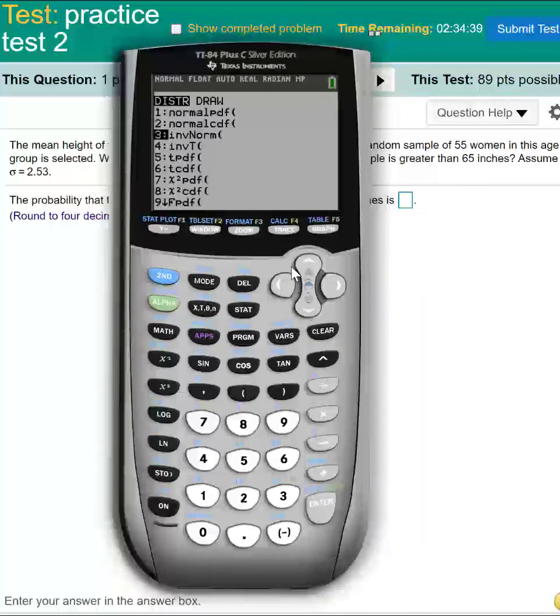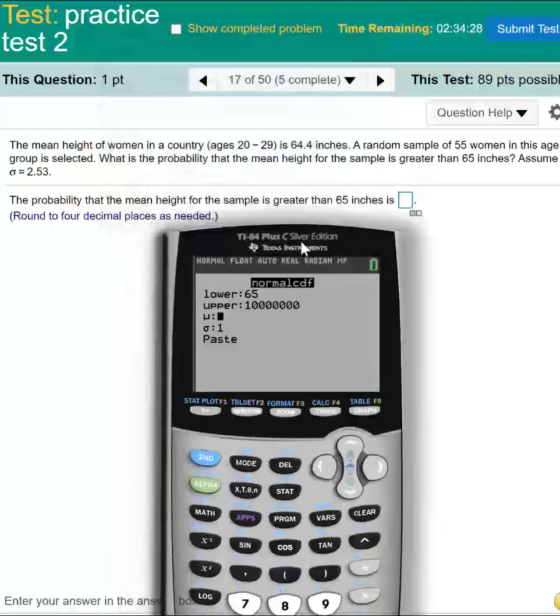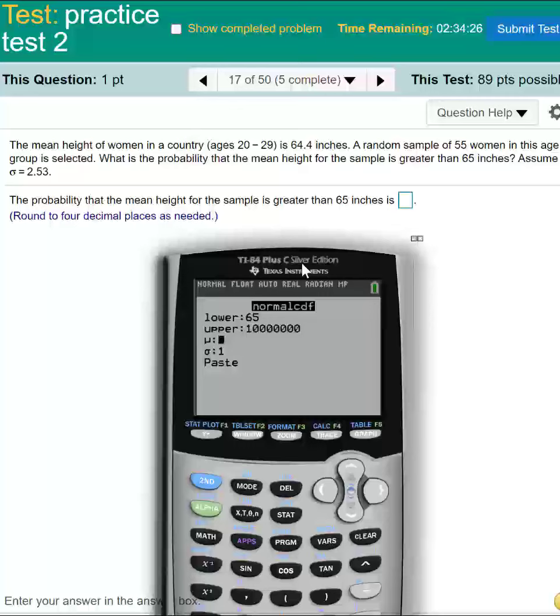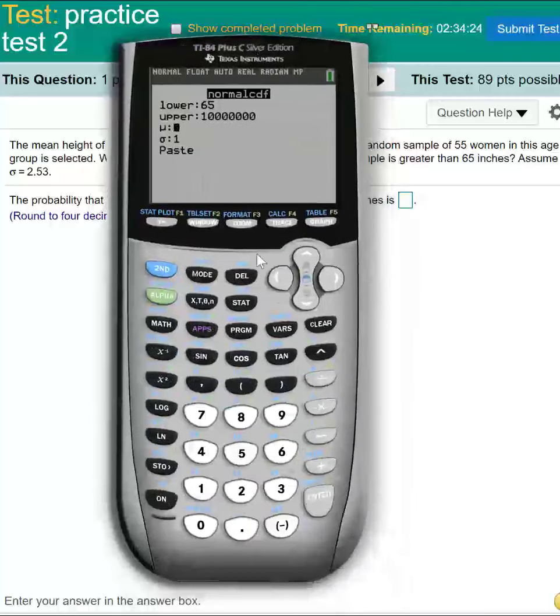Second, distribution, variable, normal CDF, more than 65. So 65 is the lower bound. A million is the upper bound. Mean is, what did he say the mean? 64.4.